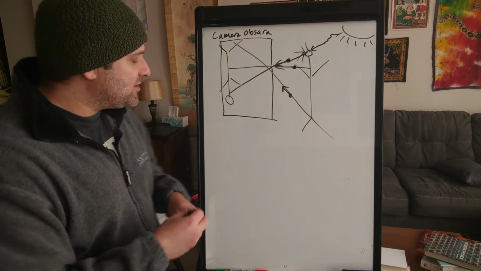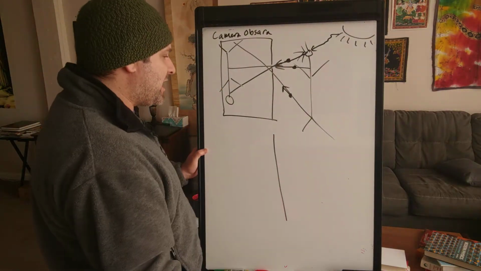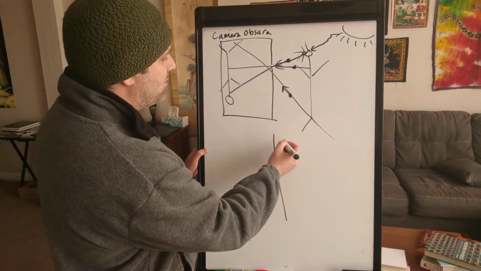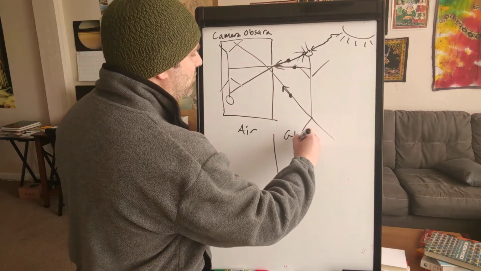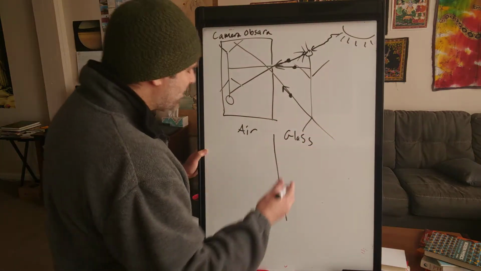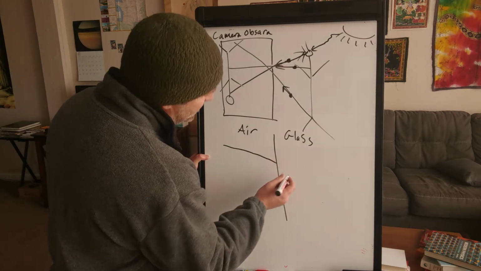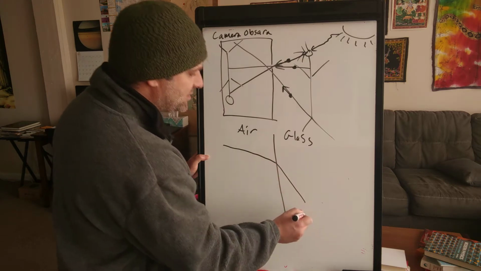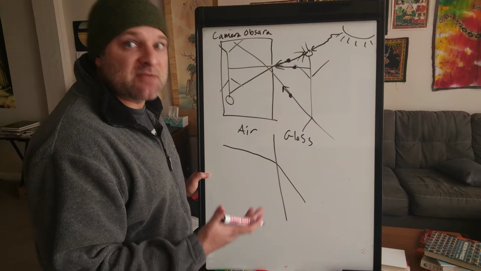So if I took an interface between two materials, say air on this side and glass or water on the other, when I have light coming in to that interface, it's going to bend as it moves through. This can't really be explained with the particle theory of light very easily.